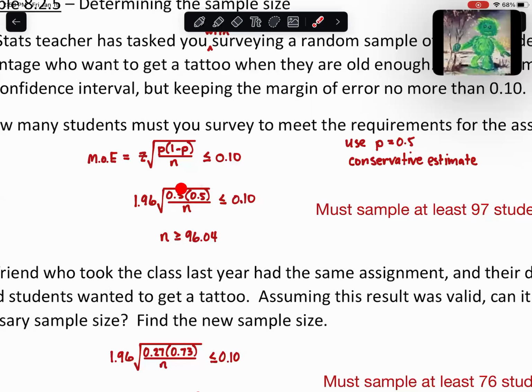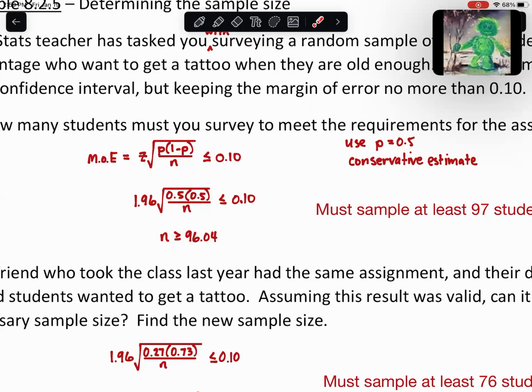So I'm able to remove the radical from the left, and I square whatever I have on the right side. Then I might multiply the n over to the right, and then the right side will be some constant times n. Let's divide both sides by that constant, so we do some division back over to the left. Try it on your own. Make sure that you get to the same result I got: n greater than or equal to approximately 96.04.